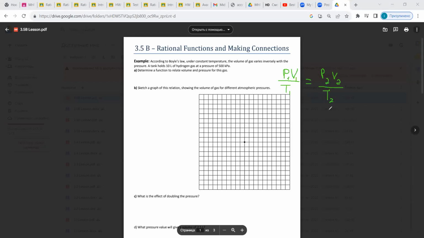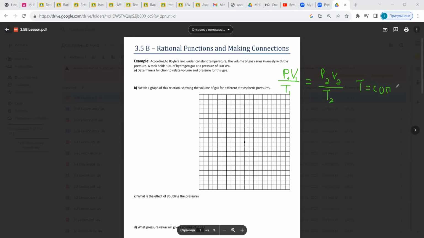This is the main relation for pressure, volume, and temperature, but Boyle's law is a specific form of this ratio where temperature is represented as a constant value, constant.